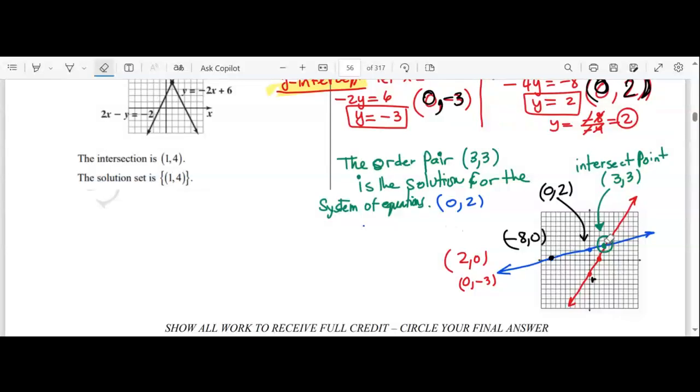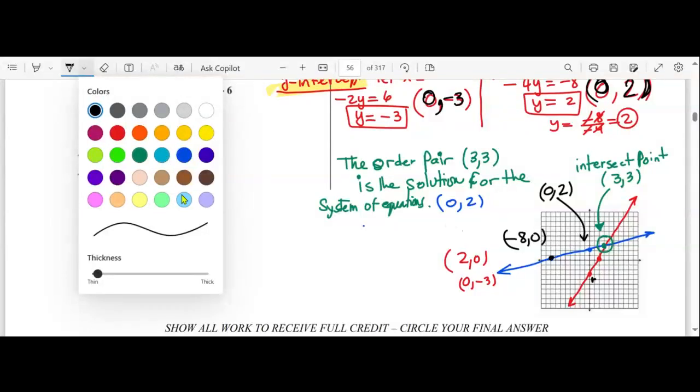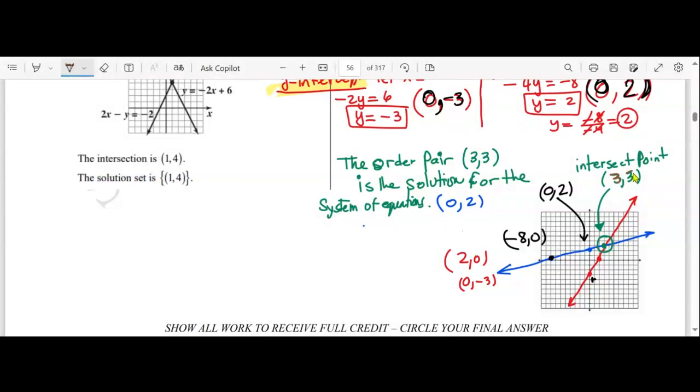Now, you graph the 4 points, 2 points for each line, and then you connect the 2 points and extend them, and you'll find that they intersect in which point? Where they intersect? Who can tell me where they intersect? 3 and 3. That's your intersection point, this one.